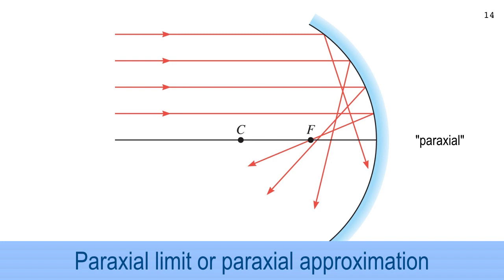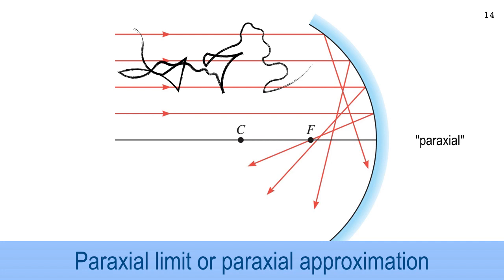The paraxial limit says, mentally, forget about all this up here, and just keep the rays, or design your telescope so that you're only getting rays that are coming in fairly close to the optical axis. That would be just this last one here, the one that we had in our diagram a few minutes ago. That's a paraxial ray.